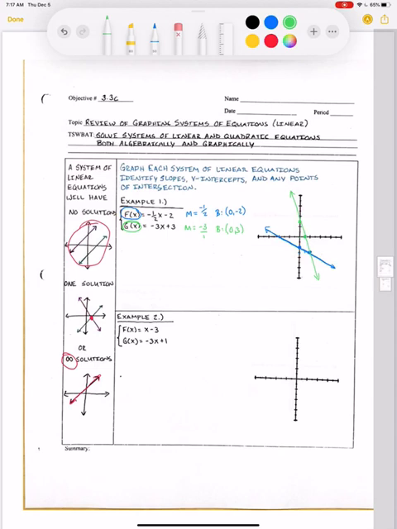And if you notice, this system of equations has one intersecting point, which is right here. And the coordinate point for this is 2, negative 3.